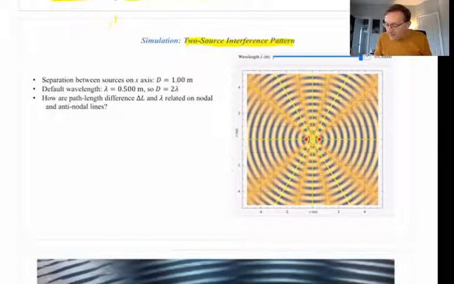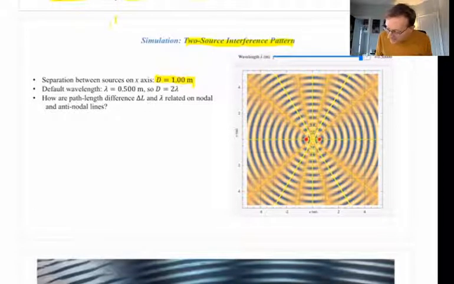And the animation allows us to select the wavelength of the waves they're emitting, lambda, and right now that's 0.5 meters. Now, there's a certain distance between the 2 sources on the x-axis. And we'll call that d again. We happen to use capital D. And in this particular animation, that distance d is 1 meter. The 2 sources are 1 meter apart.